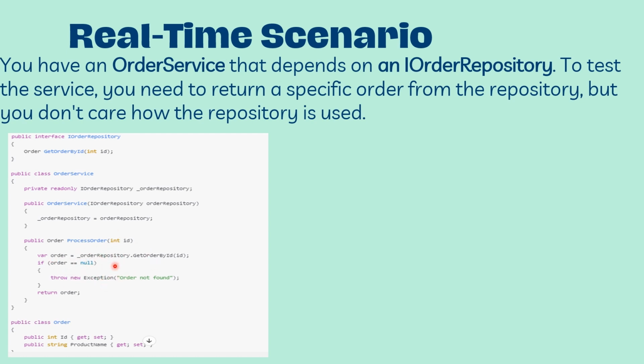So that's what we are going to write a test case for, and we are going to understand how the stub is different from mock, right? So we will stop here and open Visual Studio, get this code in Visual Studio, and then write a unit test case using the stub, and we will see what the difference is there.